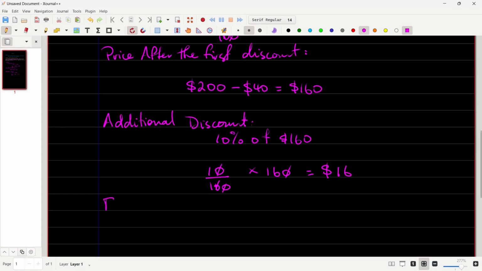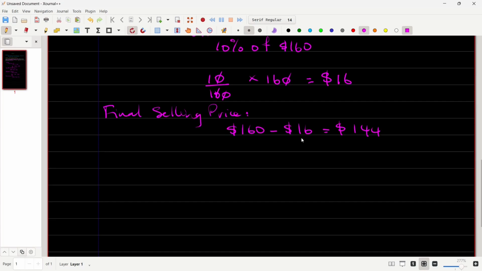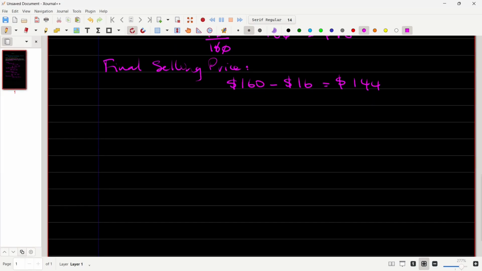So the final selling price will be $160 minus $16, and that works out to be 60 minus 16 is 44, so $144. And that is the end of that solution.